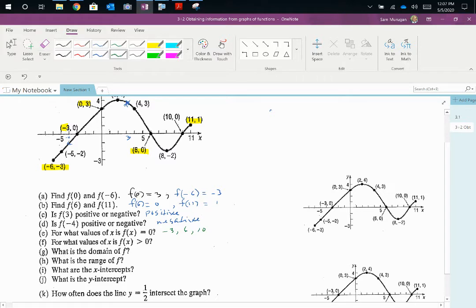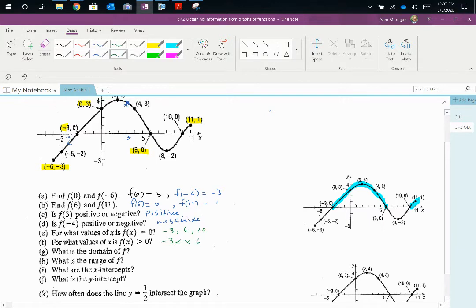For what values of x is f(x) greater than 0? So I'm going to use the graph on the side here. The y value is positive or greater than 0 for the parts highlighted in blue. So all of the x values between -3 and 10.